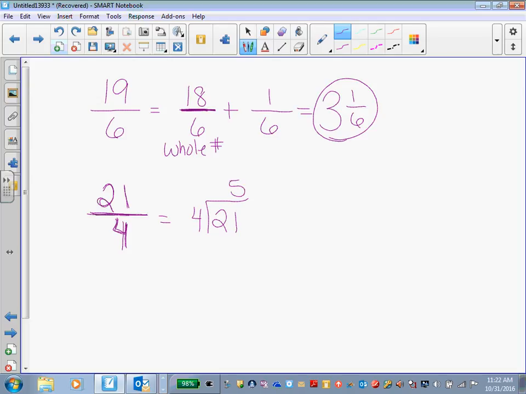The remainder of 1. 5 times 4 is 20. This 5 is your whole number. And the 1 is your numerator. 4 is your denominator. It's 5.